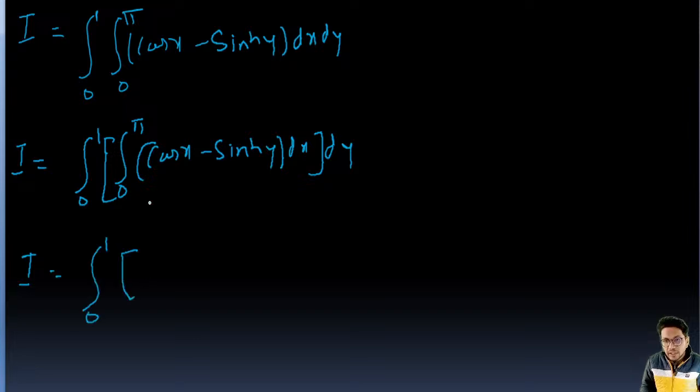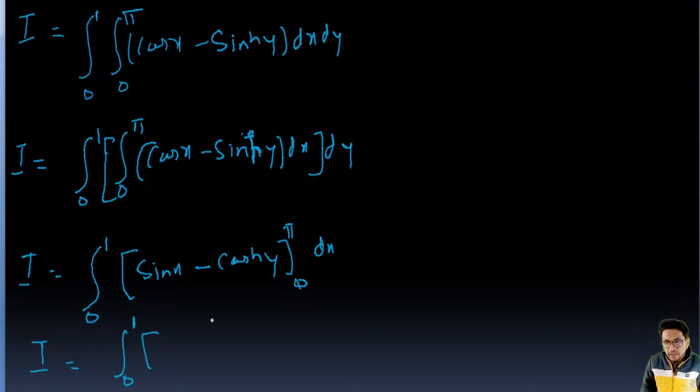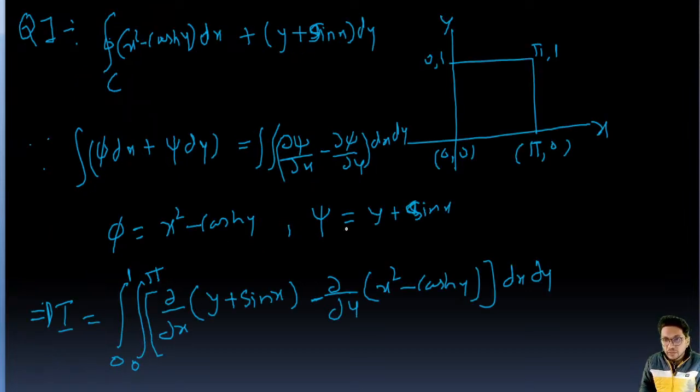So we'll take dx first. The integration of cos x is going to be sin x, and minus the integration of sine hyperbolic y is going to be cos hyperbolic y, with the limit 0 to pi. Sine pi is 0, sine 0 is 0.